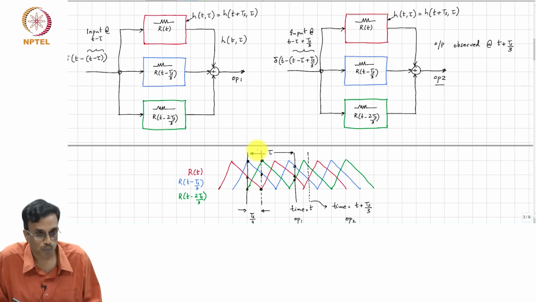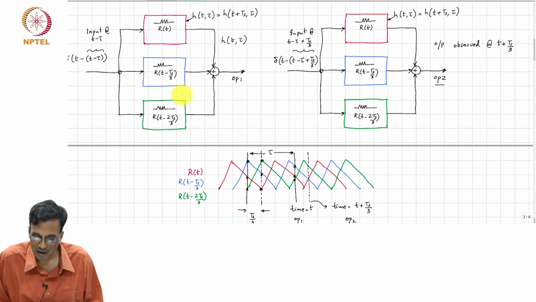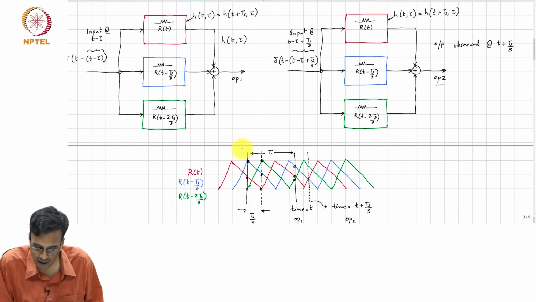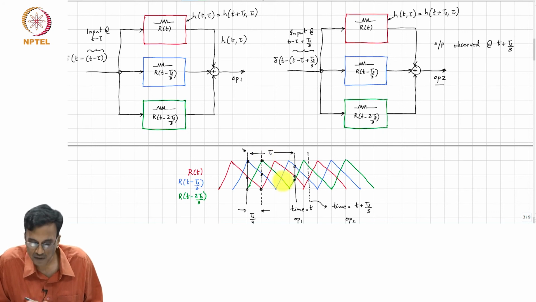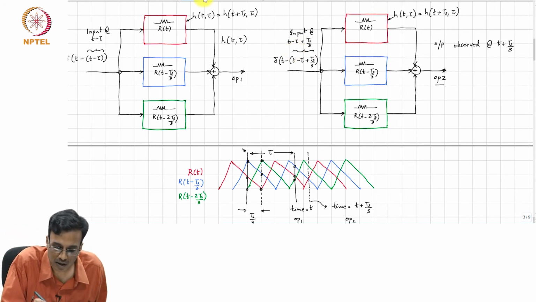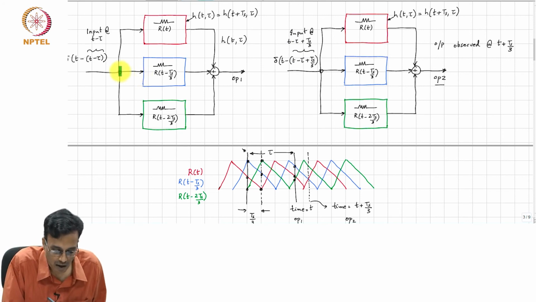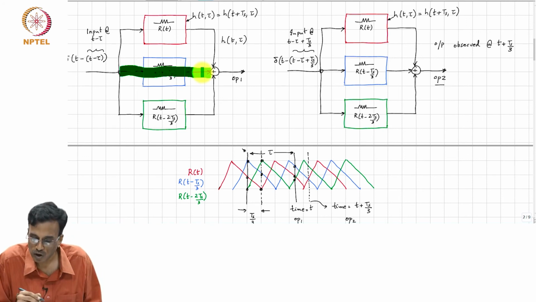So, whatever output you would have got with the blue box when you applied the impulse at t minus tau, you would get that same output with the green box when you applied it at t minus tau plus Ts by 3. In other words, whatever output you were getting here when you applied the input at t minus tau, you will now be getting through the green box.